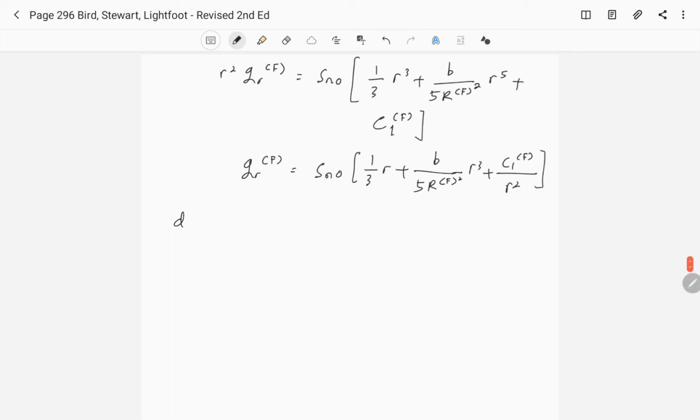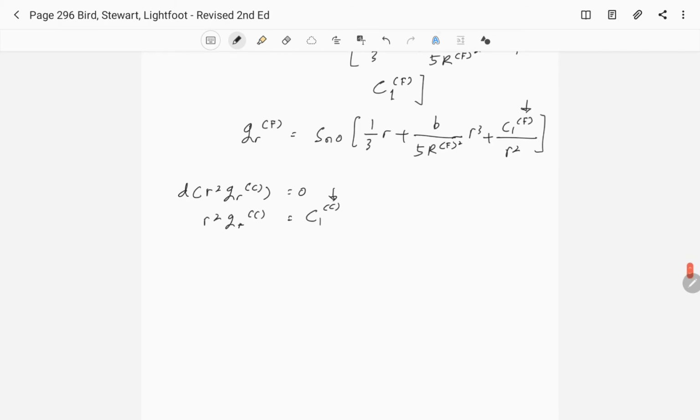So for the aluminum cladding you have d/dr of r squared q_rc equal to 0. r squared q_rc can be integrated. This one will be equal to C1, but C1 in here comes with a superscript because this one denotes the cladding, whereas the other is for the fissionable element.